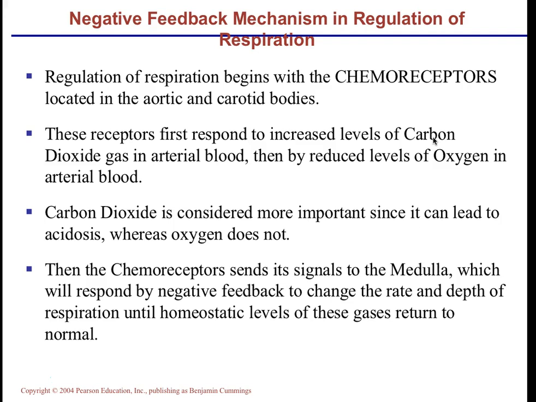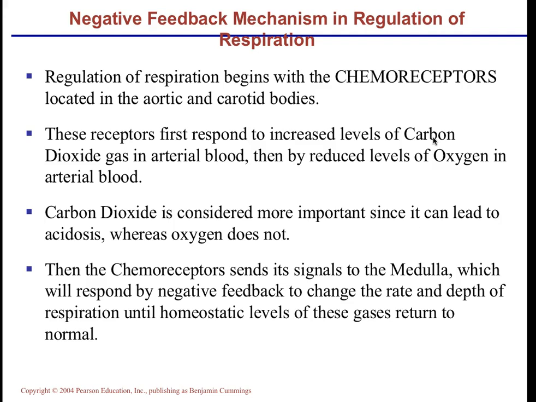So it's really important to get rid of a source of acid like carbon dioxide gas. If you retain too much CO2 in arterial blood, you're in acidosis. And if you cannot correct that, it's very quick. If you have a child who's a type 1 diabetic and they're in ketoacidosis, you head to the emergency room.